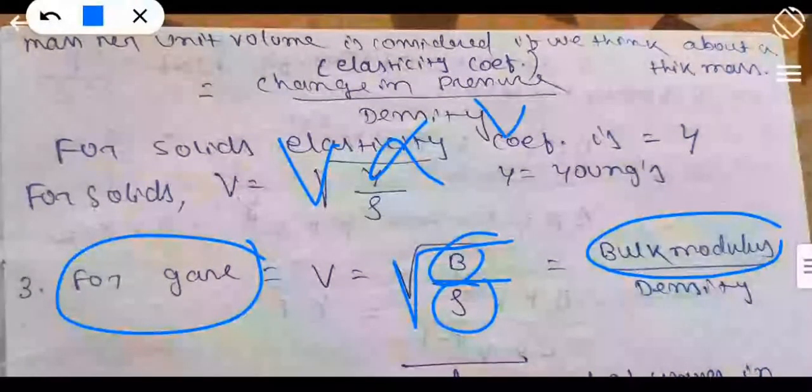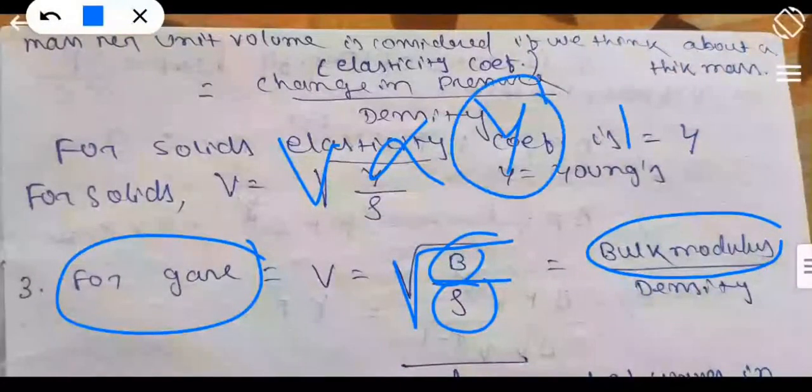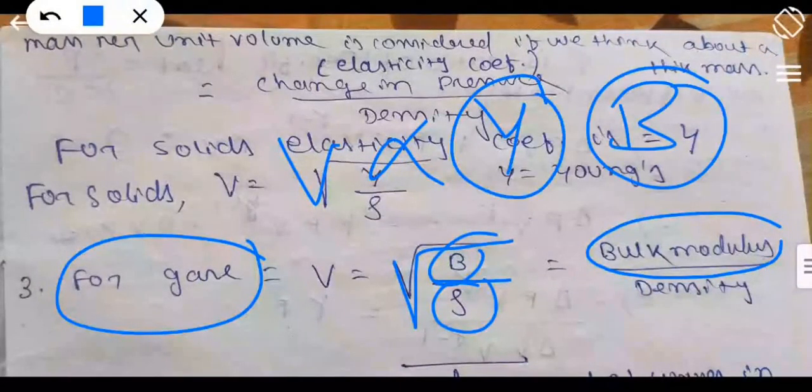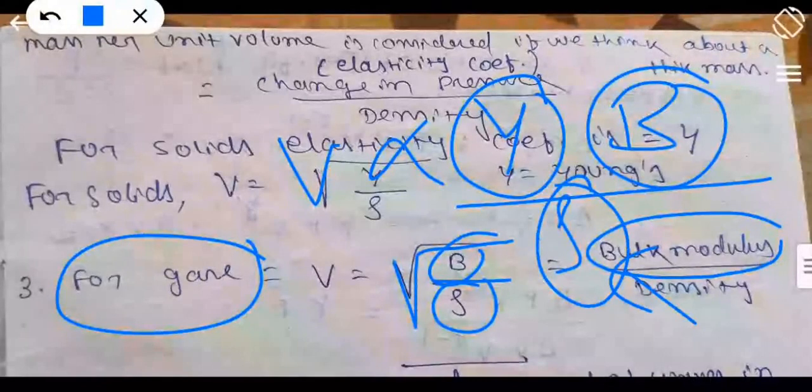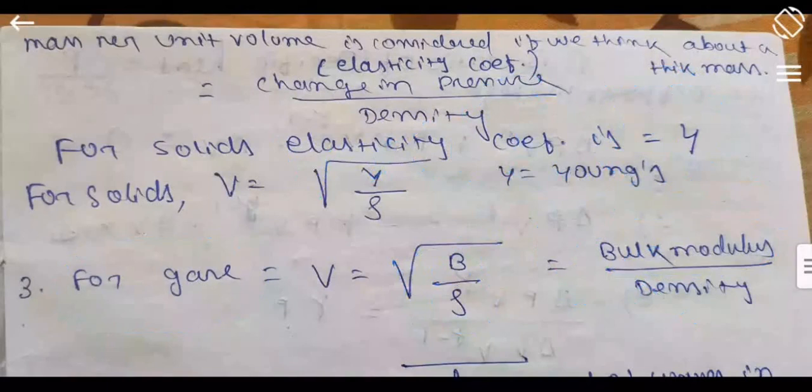The modulus may be Y or B or whatever it may be, and obviously it should be divided by density. Density is mass per unit volume. In that case we have to take the density.